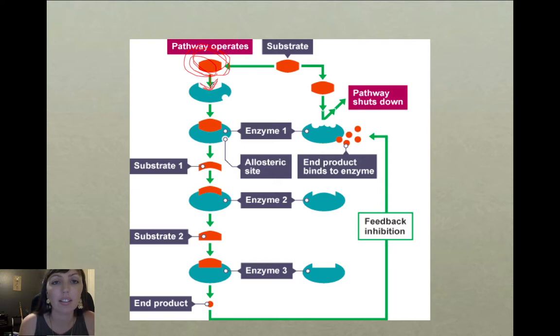Now we know this is called the active site, but what is this? This is called an allosteric site. Now, an allosteric site is a non-active site, and when a product binds with the allosteric site, it causes a conformational change in the enzyme and its active site.